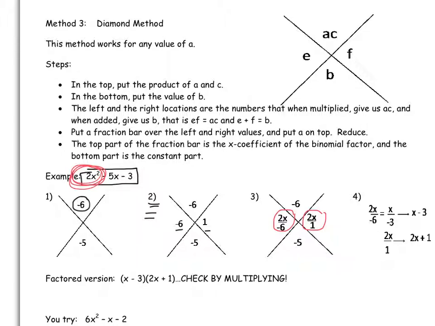Okay, so that -6 and the 1 now become denominators. Then we simplify the fractions. 2x over -6 is x over -3, and 2x over 1 is 2x over 1. And look how that turns into the factors. So x minus 3, 2x plus 1.